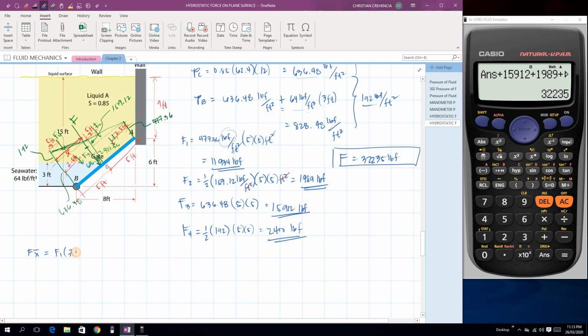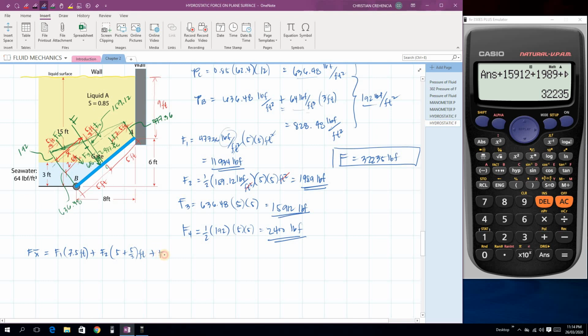So, we have 7.5 feet plus yung force F2 natin, ang distance naman niya is, so meron tayong 5 dito, plus 5 over 3. So, yung 5 foot, tapos ito yung, hanggang dito yung 5 foot natin, from point B. Then, 1/3 ng triangle, 1/3 dito, ang base ng triangle natin is 5 din, so 5 over 3. So, ang unit din natin dyan is feet.